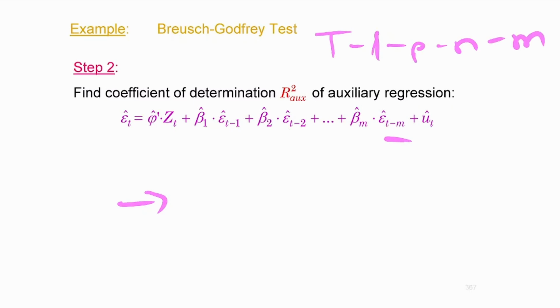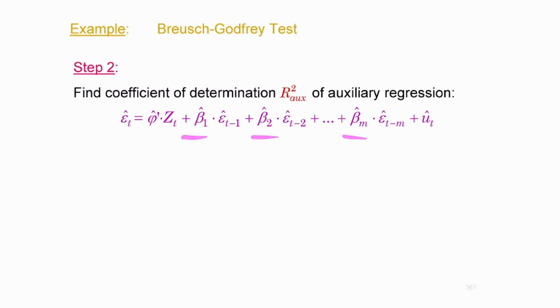Minus M would be the total number of observations here for this noise. But this is becoming a little bit too weird after that. Anyways, so these are the parameters that are involved, and you have new ones, these betas.